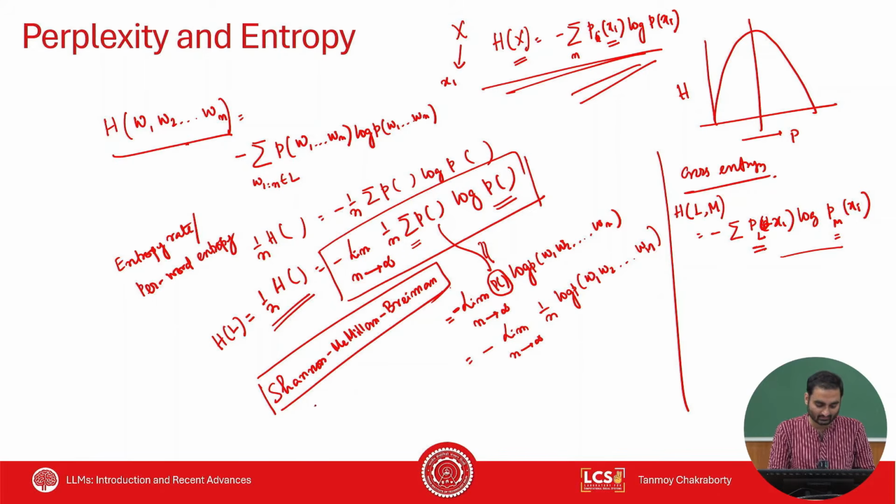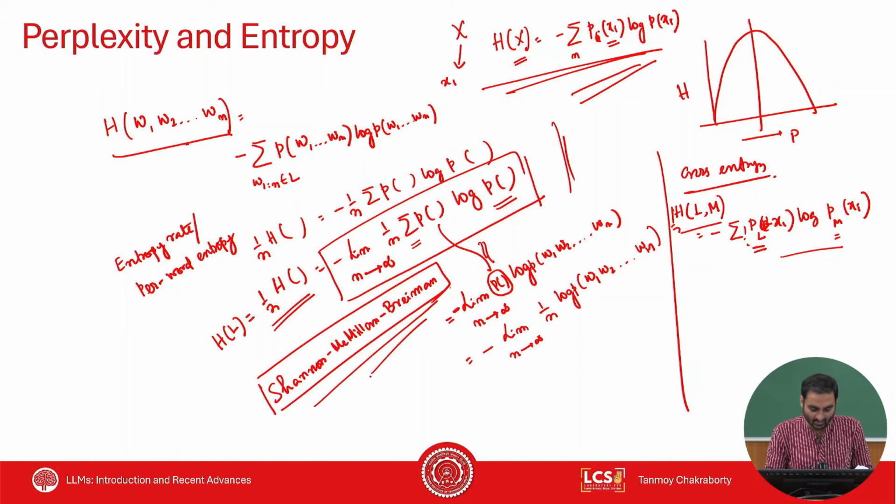Again, if you apply this Shannon-McMillan-Breiman theorem, you can approximate this. From here we will consider the entropy rate or per word entropy, 1 by n, then limit, and so on and so forth. Apply all the tricks that we applied here.